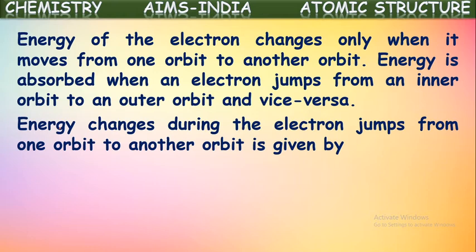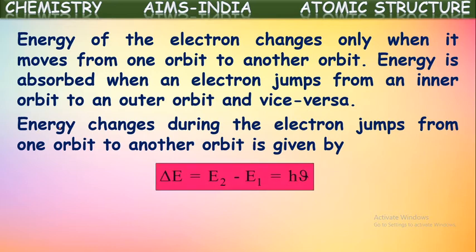The energy change during the electron jump from one orbit to another orbit is given by the formula delta E, that is the energy change. We are telling here that when an electron jumps from a lower orbit to a higher orbit, that electron will absorb energy. If an electron jumps from a higher orbit to a lower orbit, that electron will release or radiate energy.